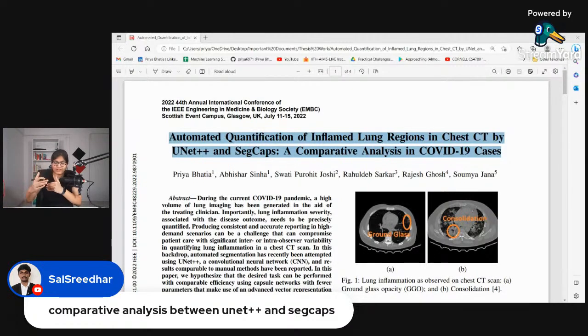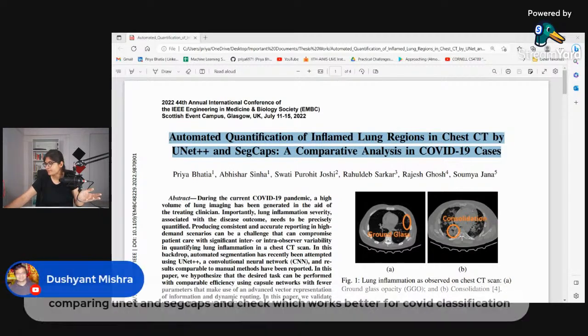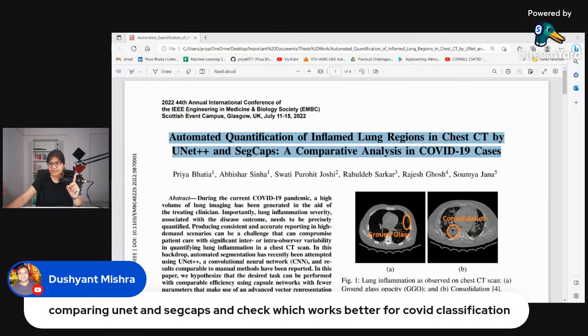Now very close, Sai. You are very close to the answer. We are doing a comparative analysis between two models. This is what the heading is showing to me, UNet++ and SECCaps. For what purpose? What is the problem statement? Comparing UNet++ and SECCaps and checking which works better for the COVID classification task.